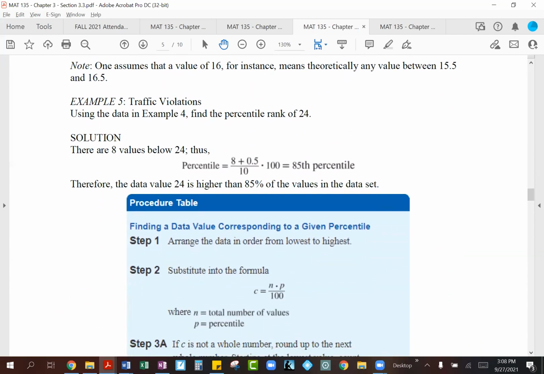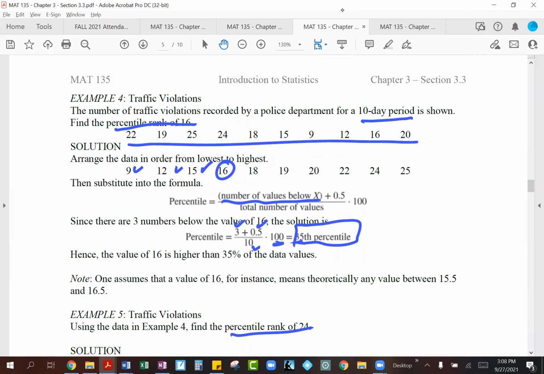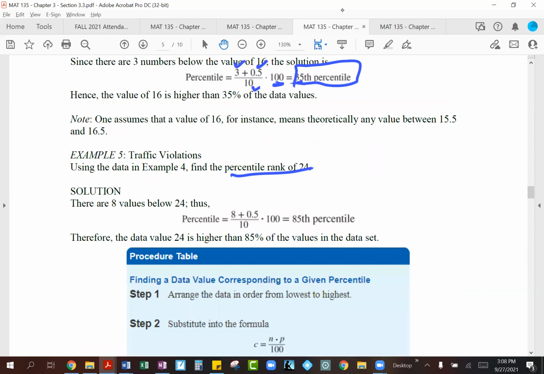You can see another example over here, just a percentile rank of 24. So you can see right here is 24, which is in the 9th position. So that means we have 8 data values below it. So that will be 8 plus 0.5 divided by 10. And then again, multiply by 100 to change it to a whole number.